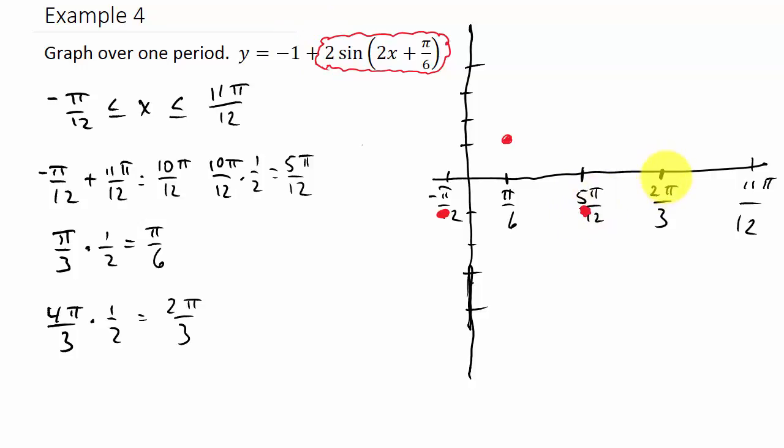And then it goes to its minimum, which would be here at negative 2, but we're subtracting 1, so negative 2 minus 1 is negative 3. And then it goes back to 0, but minus 1, that's going to be at negative 1. And so we draw our graph.